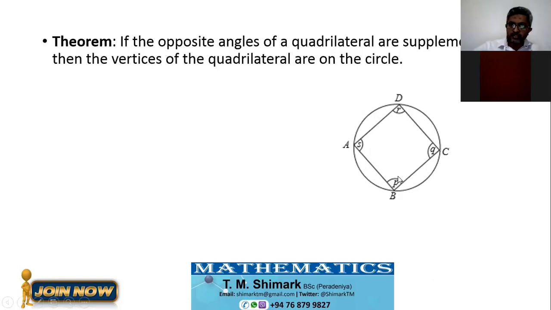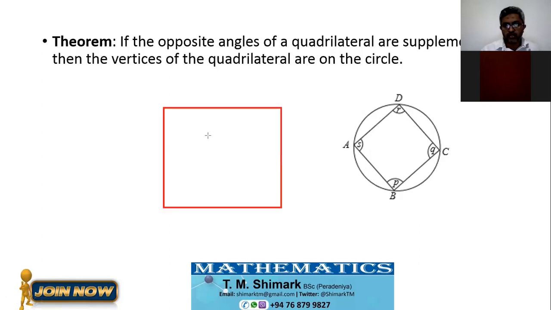Now on the other side, if just a quadrilateral is given, and the opposite angles are supplementary, like this and this, then this quadrilateral lies on a circle. That means it's a cyclic quadrilateral.